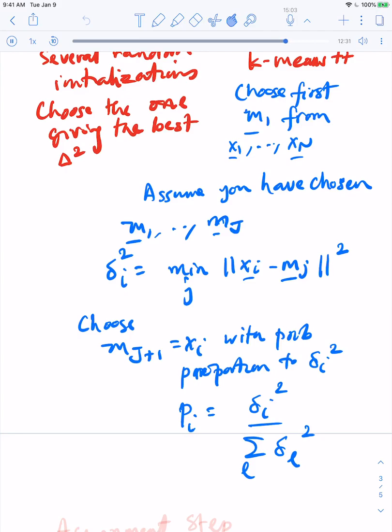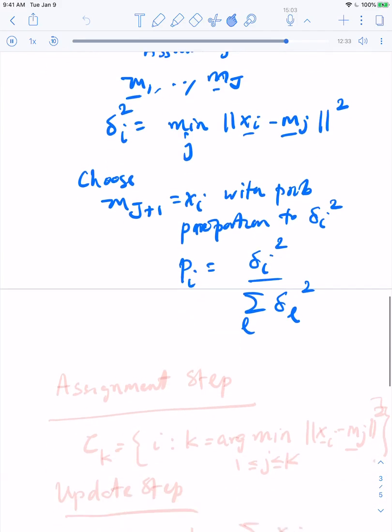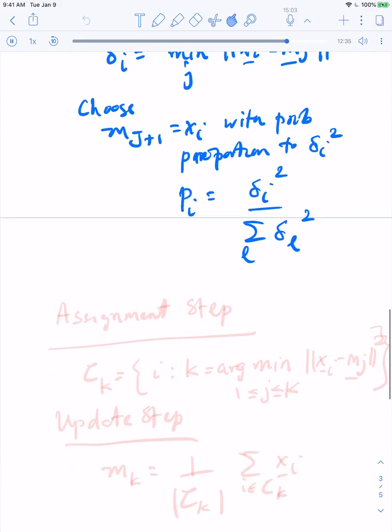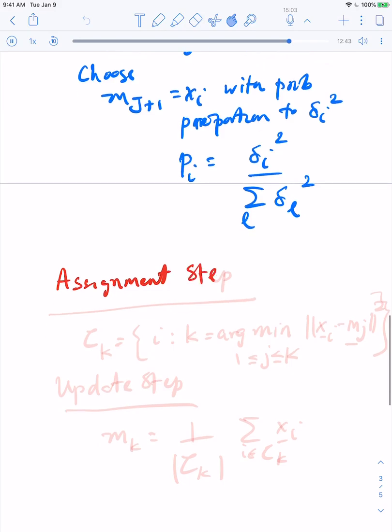Okay, so let me summarize the k-means algorithm. You start with some initialization, and then you have an assignment step where you assign points to the closest cluster center. So the clusters you form, Ck, are all the training data points which are sort of the closest to the cluster center corresponding to that.